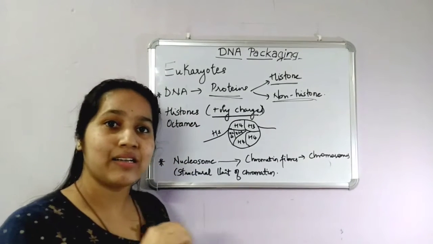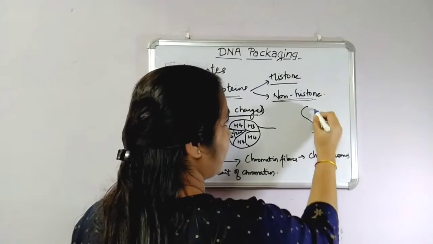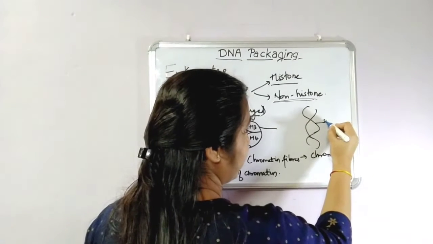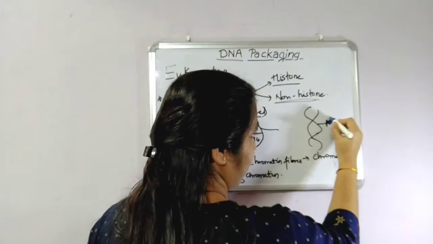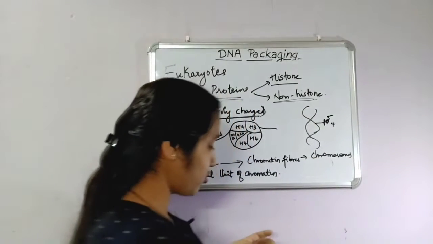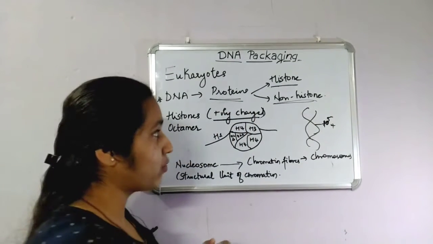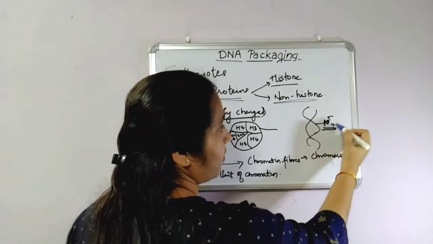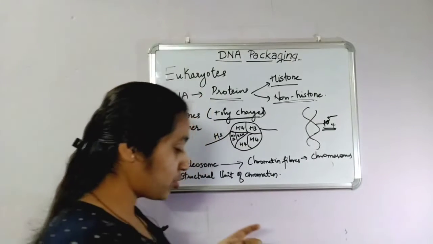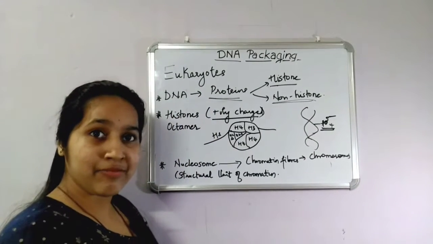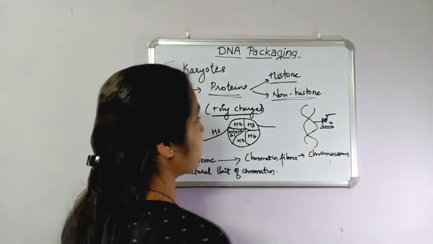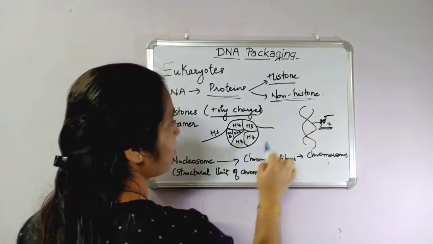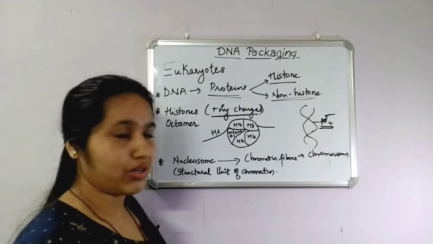We know that the DNA backbone is a sugar-phosphate backbone, and this phosphate group gives a net negative charge to the DNA molecule. Therefore, this negatively charged DNA can be wrapped around the positively charged histone proteins.